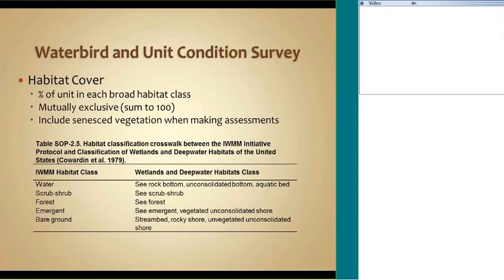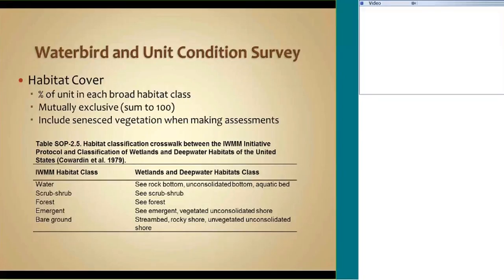And the other metric that we're recording on the bird surveys is percent of the unit in each broad habitat class. This includes all portions of the unit, whether it's vegetated or not, and we do not allow overlapping layers on this metric, so the percent proportions must sum to 100.